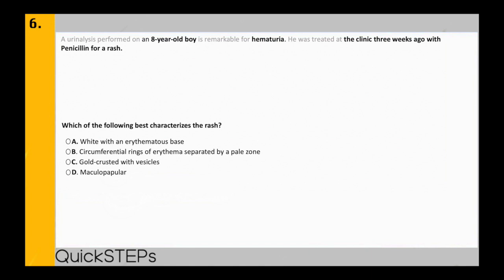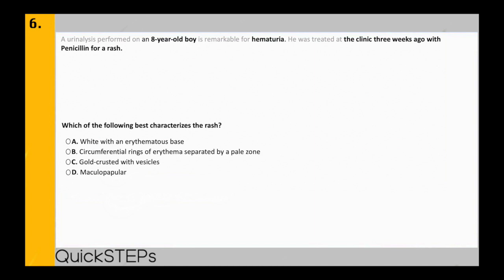In this patient's case, he most likely had a strep pyogenes or group A strep infection that led to post-strep glomerulonephritis. So, what rash is associated with strep pyogenes or group A strep infection? Hopefully, you're telling me impetigo. Alright, that's the first jump, but now the question wants you to describe impetigo.